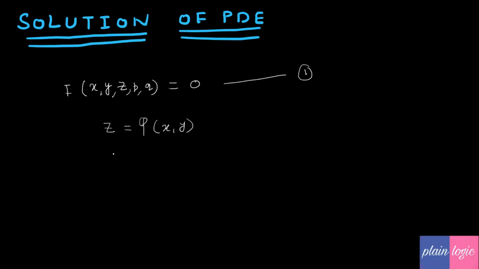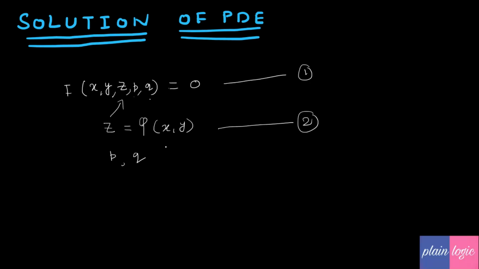So if we find z, then we are ready to go and find p, q, because p is the partial derivative of z with respect to x and subsequently q is the partial derivative of z with respect to y. And we can input the values of z, p and q from here by finding z and say that 2 is a solution of 1.